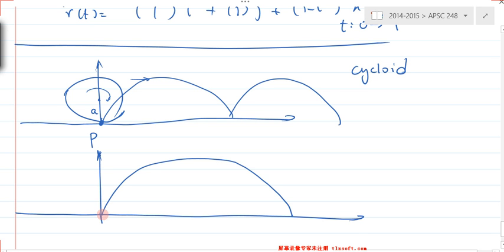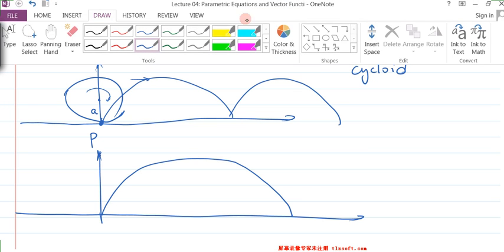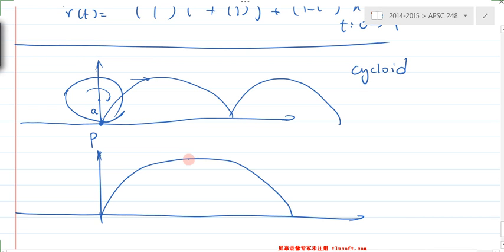So I'll draw out this cycloid here. At the same time, I'm going to draw the circle, arbitrarily supposing that at a certain time t, the circle is over here.